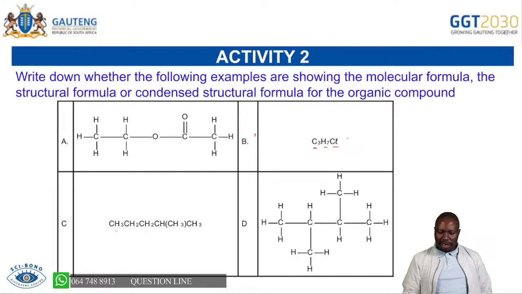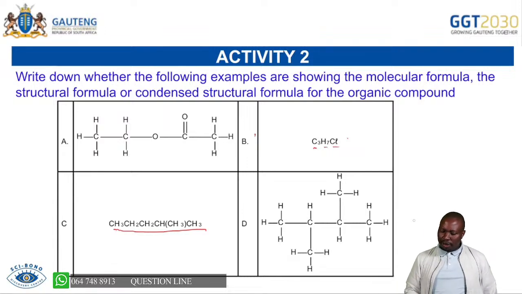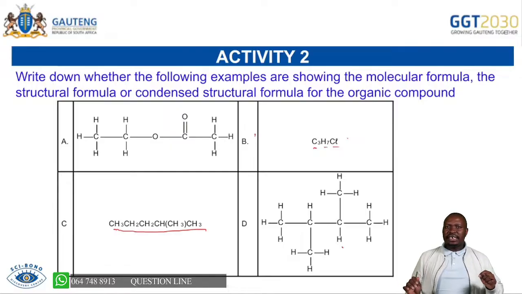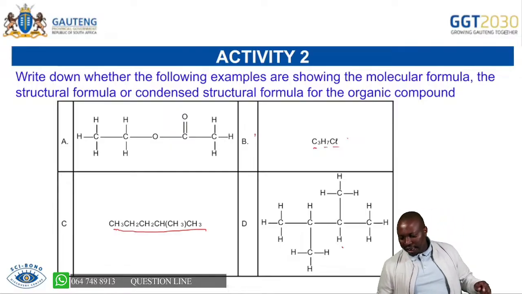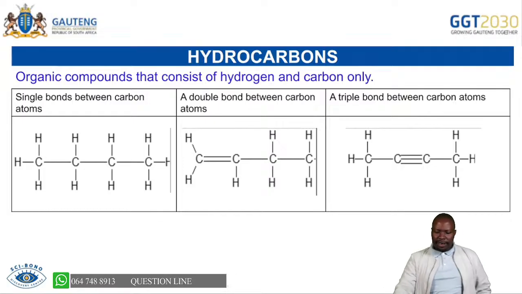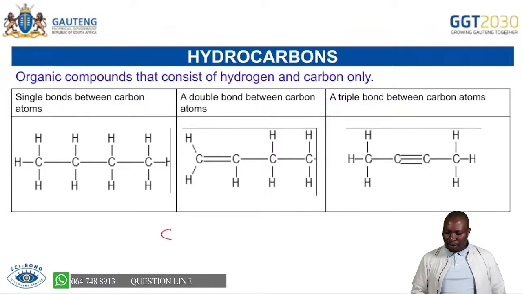This one doesn't show all the bonds, so it is condensed structural formula. This one shows all the bonds, so it is structural formula. Please play around, know the structures, so that when you start doing questions, you will be able to enjoy yourself.